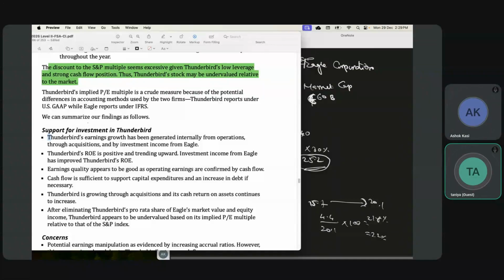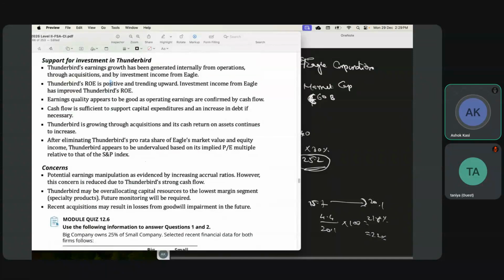This is a summary. So this is one concern: they were over-allocating to the lowest margin segment. What was that? Specialty products.